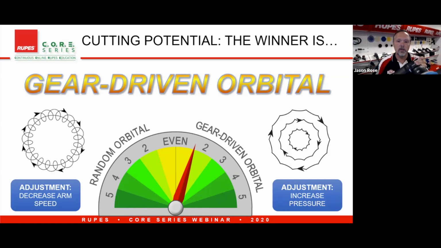So you take the gear-driven orbital, push down, it will cut more. With the random orbital, the one thing you can do to immediately improve cutting power is to slow down your arm speed, the rate that you move this tool across the paint. If you slow down your arm speed, you will immediately get more defects removed. So there's our peak performance adjustment tip.